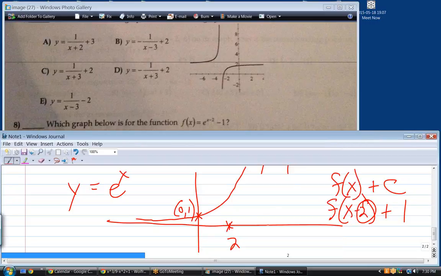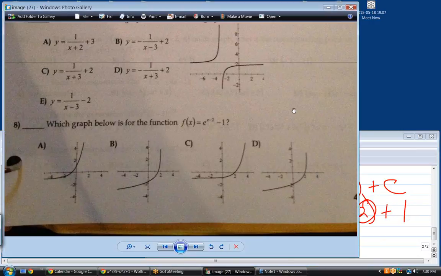On our elementary function, e to the x, we have a horizontal asymptote, right? So we need that horizontal asymptote to drop by exactly 1. Doesn't affect the horizontal shift, but it does affect the vertical shift. So which one has a horizontal asymptote at y equals minus 1?